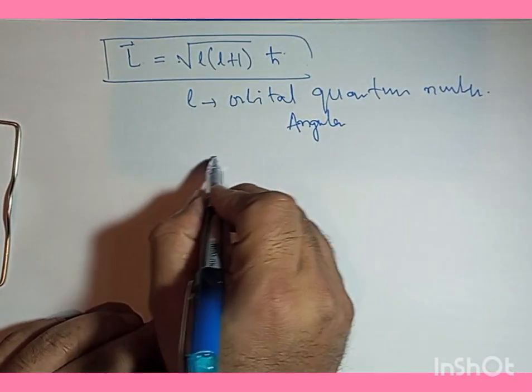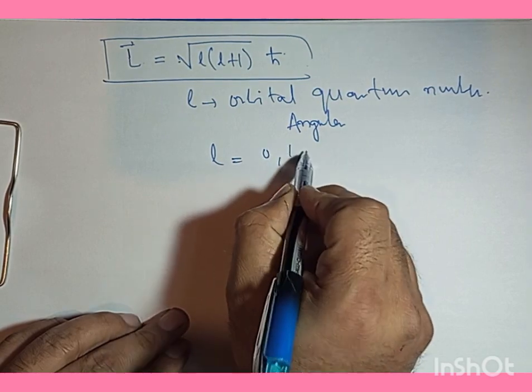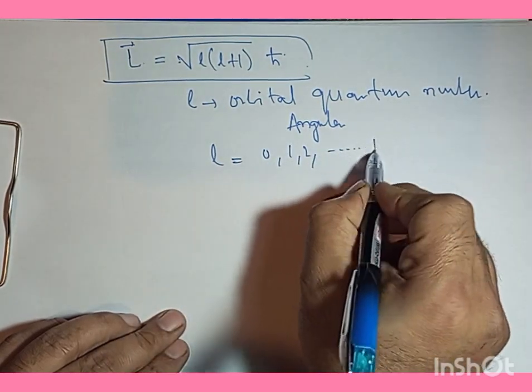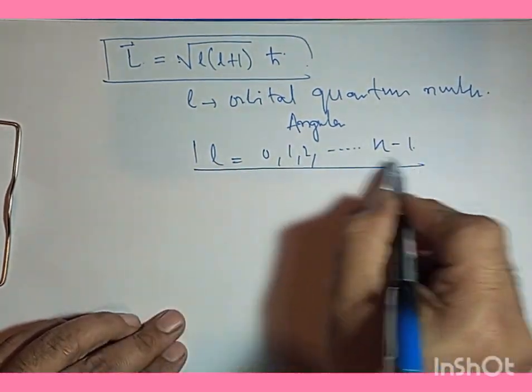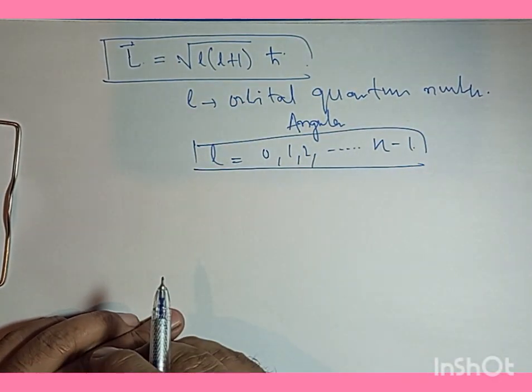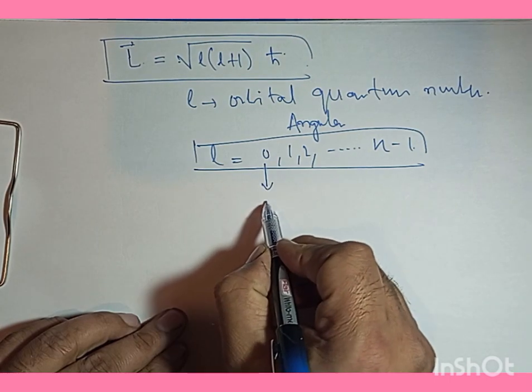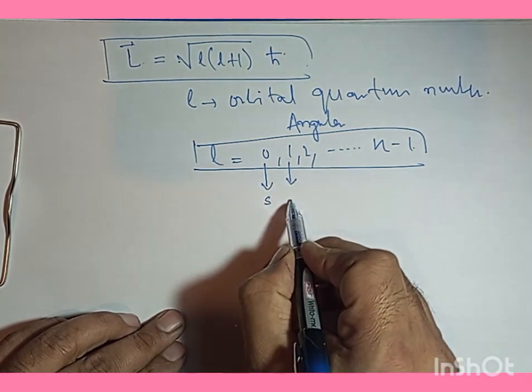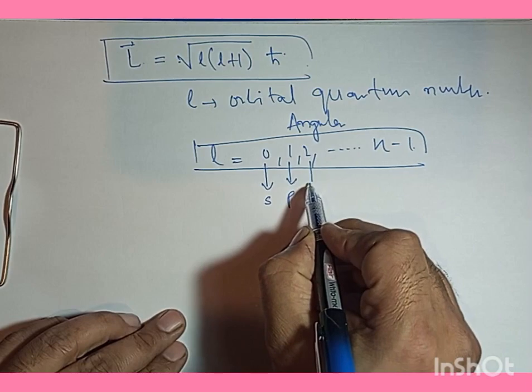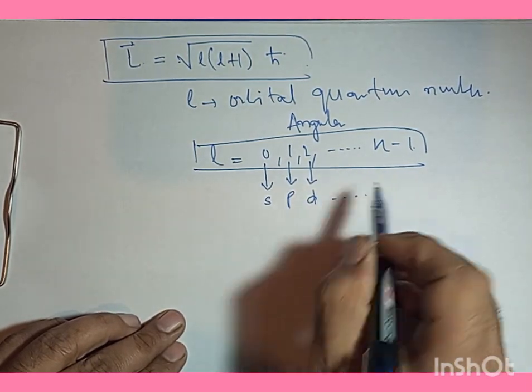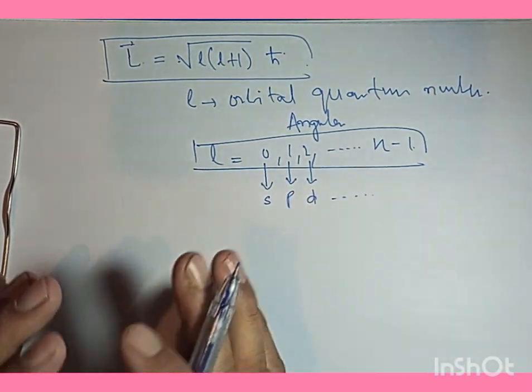And this l can have the values 0, 1, 2, and so on up to n minus 1, where n refers to the principal quantum number. And 0 refers to s, 1 refers to p, and 2 refers to d, and so forth. Now, that's not the point of contention here.